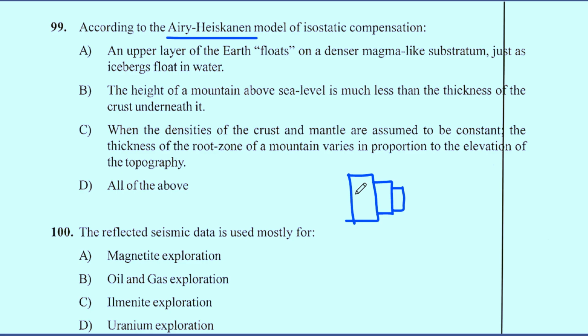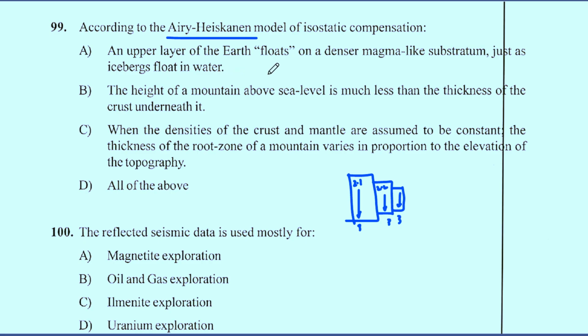Suppose its density is 2.1, 2.2, different densities, but with depth all have the same density, like 3.333, or increasing density with depth. This Heiskanen model uses Airy as well as Pratt models, both. He combined both and gave this model.